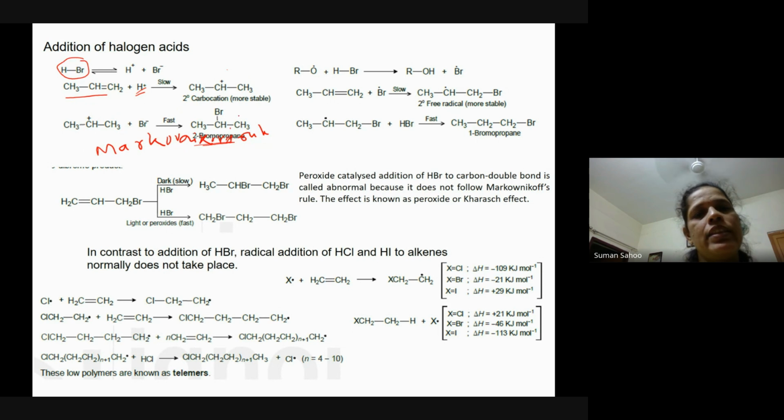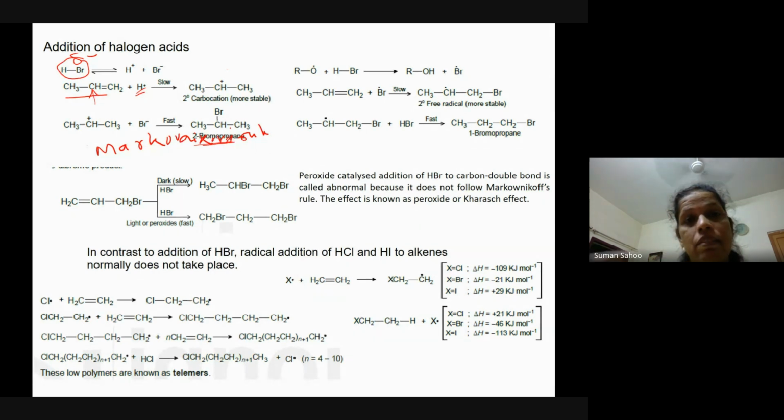Markovnikov's rule says that addition of an addendum to an unsymmetrical alkene happens in such a way that the negative part of the addendum goes to the carbon containing more number of substituents. The negative part is here bromine, so that goes to the carbon having more number of substituents, so this carbon.